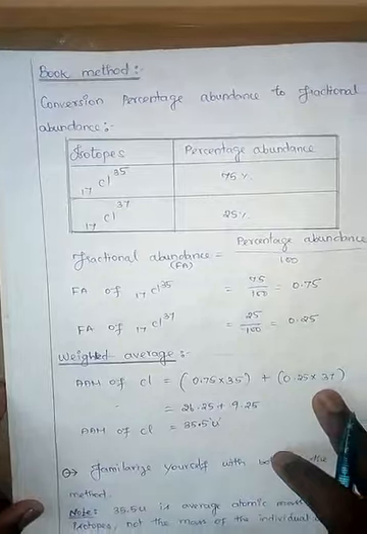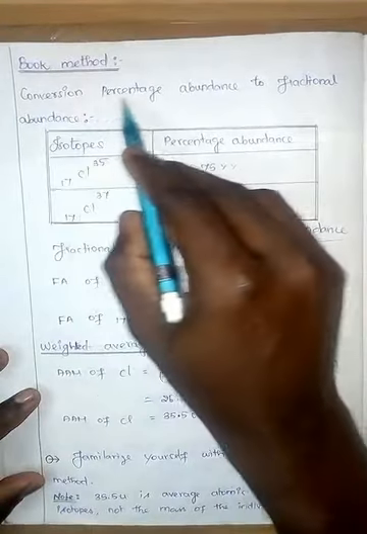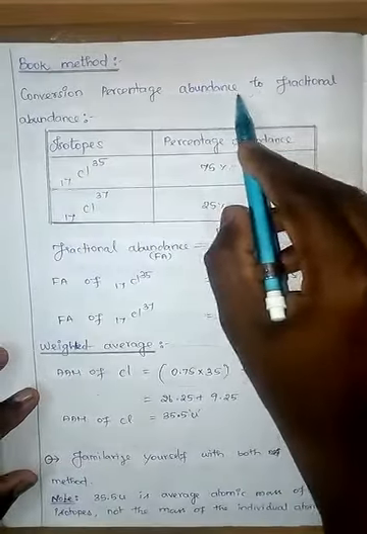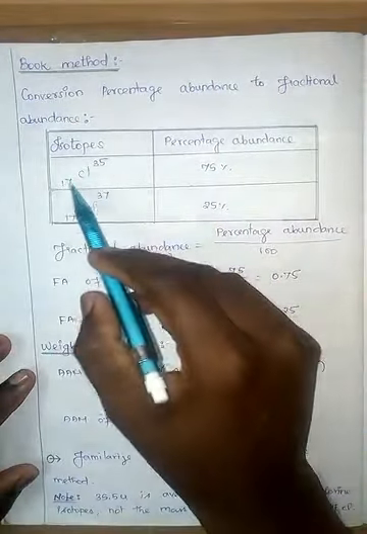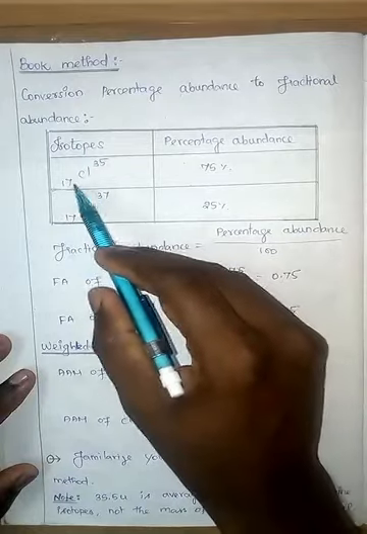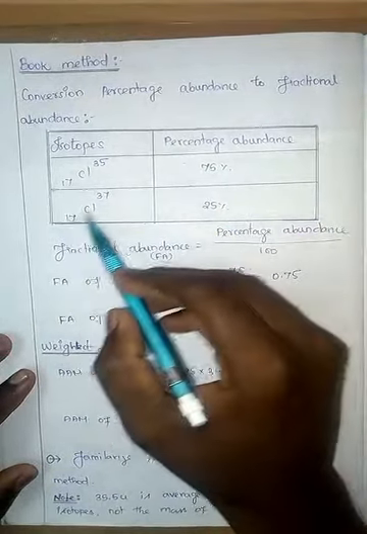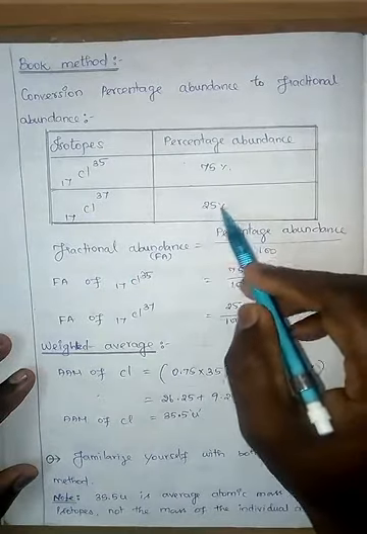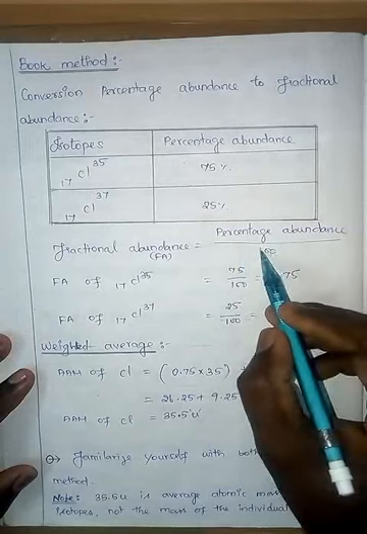Come to this, your book method. Conversion of percentage abundance to fractional abundance. I told you already, chlorine has two isotopes. 17 chlorine 35 is available 75%. 17 chlorine 37 is 25%. Fractional abundance is equal to percentage abundance divided by 100.